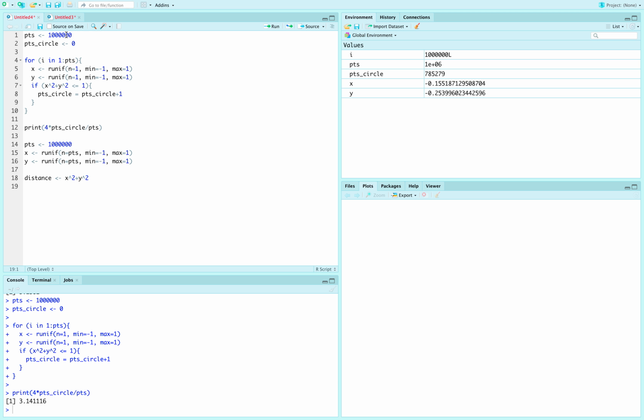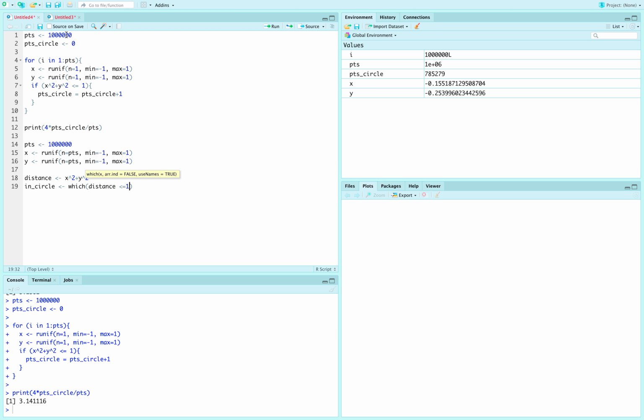Then, after that, nagke-create tayo ng another vector, pero dito sa vector na 'to, ang ilalagay lang natin sa loob ng vector na 'to ay yung mga values nung vector na distance kung saan ang value niya ay less than or equal to 1.